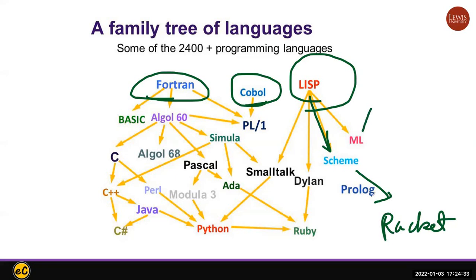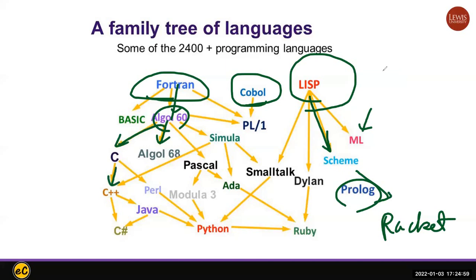And also we have ML. These are the main functional programming and AI languages, along with logical programming languages such as Prolog. And then on the scientific side, we have Fortran, which later developed into Algol 60 and Algol 68. From Algol 60, we developed into C, and C developed into C++.